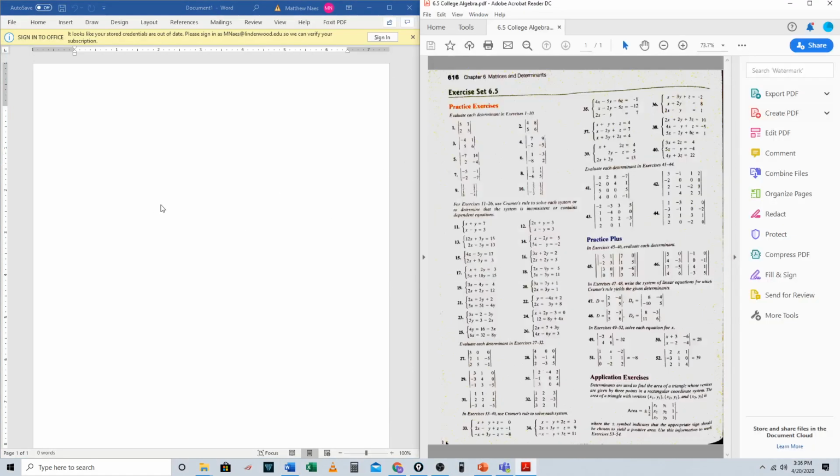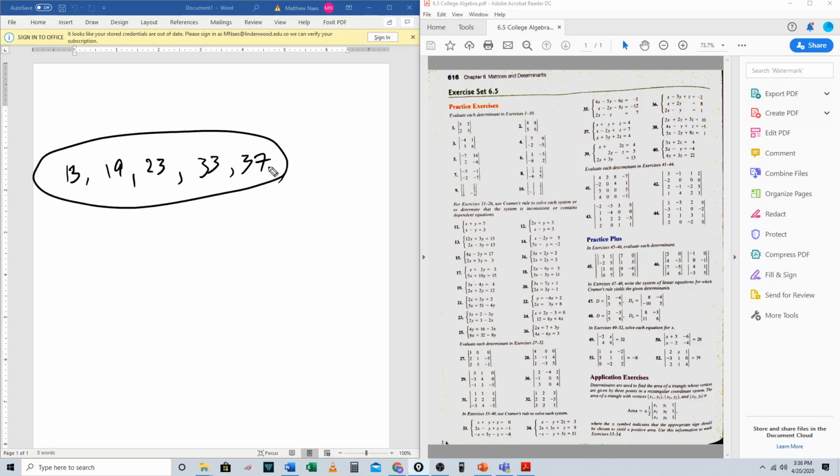I'm going to give you, let's say, number 13, 19, and 23. And then 33 and 37. So not many to do. I'm not going to waste your time with this. So just 5 questions. And that's all I want you to do for the homework. Very last homework assignment, college algebra.